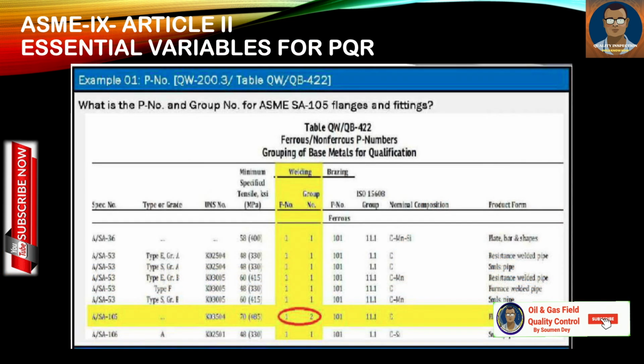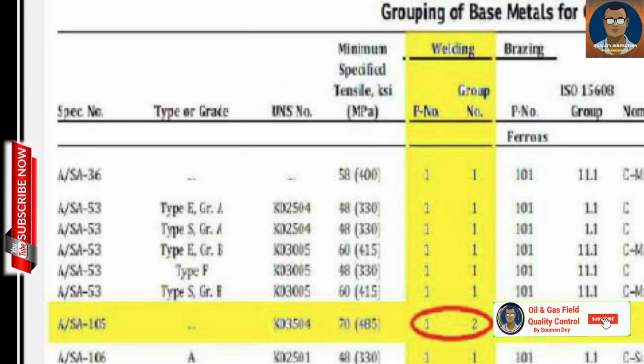Let's say essential variables for PQR. What is the P number and group number for ASME SA 105 flanges and fittings? You can see the table reflected here is QW/QB 422, ferrous and non-ferrous P numbers table. P numbers are basically parent metal numbers, so grouping of base metals for qualification.